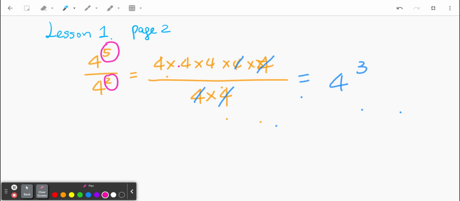Subtract, that's right. So when you multiply, you add them up. When you divide, you subtract them, okay? So when you write your question, it equals 4 to the power 5 minus 2. You get 4 to the power 3. You see that?